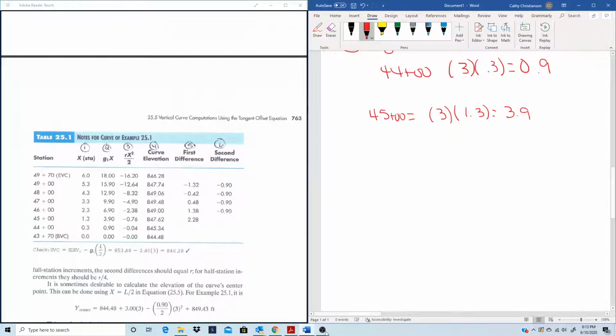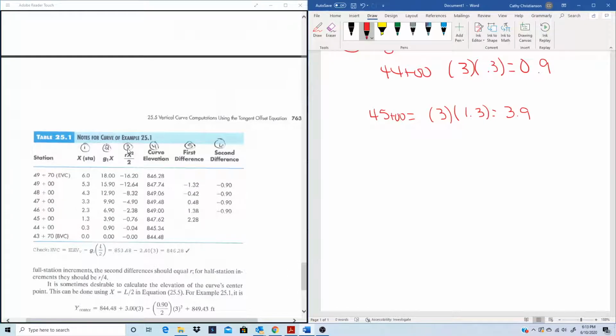So you'll go ahead and do that for the remaining to each station. The only thing that's going to change is your X. So not too bad.